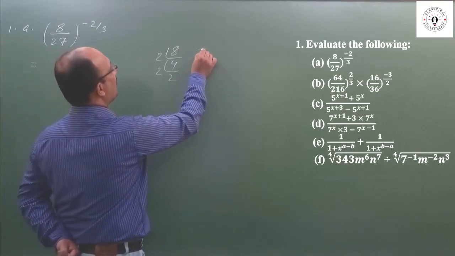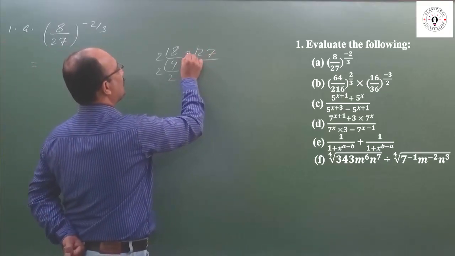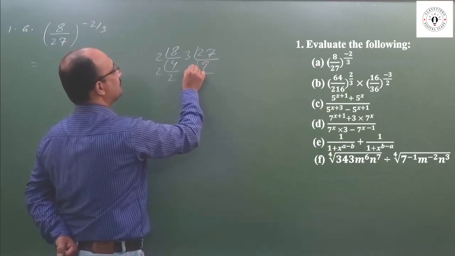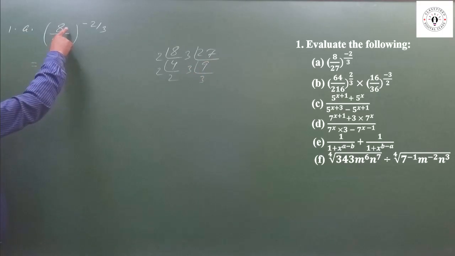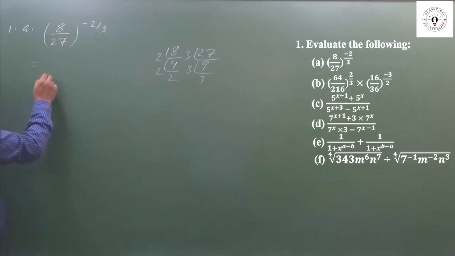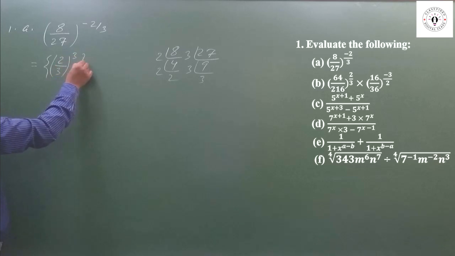Similarly, 27 can be written as 3 9s are 27, 3 3s are 9. So 27 can be written as 3 cube. 8 can be written as 2 cube, whereas 27 can be written as 3 cube. So 8 upon 27 can be written as 2 upon 3 whole cube.